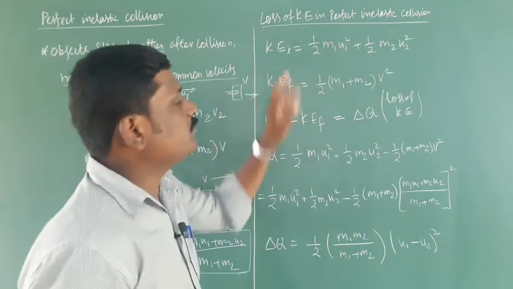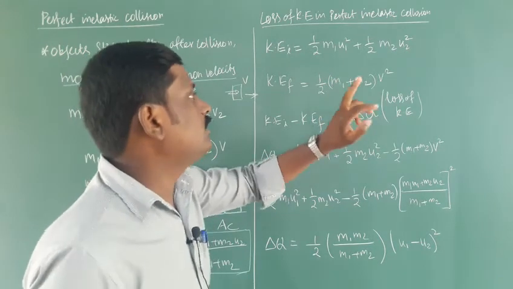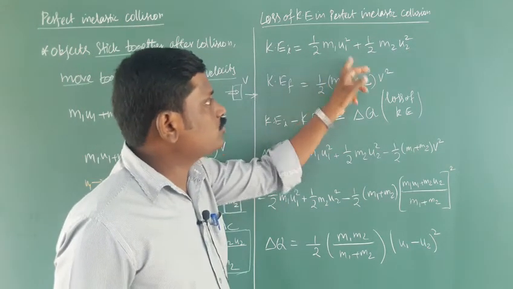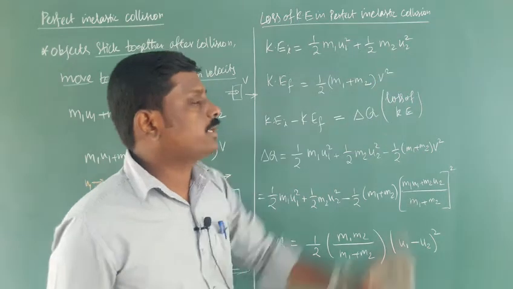Kinetic energy before collision is half m1 u1 square plus half m2 u2 square.